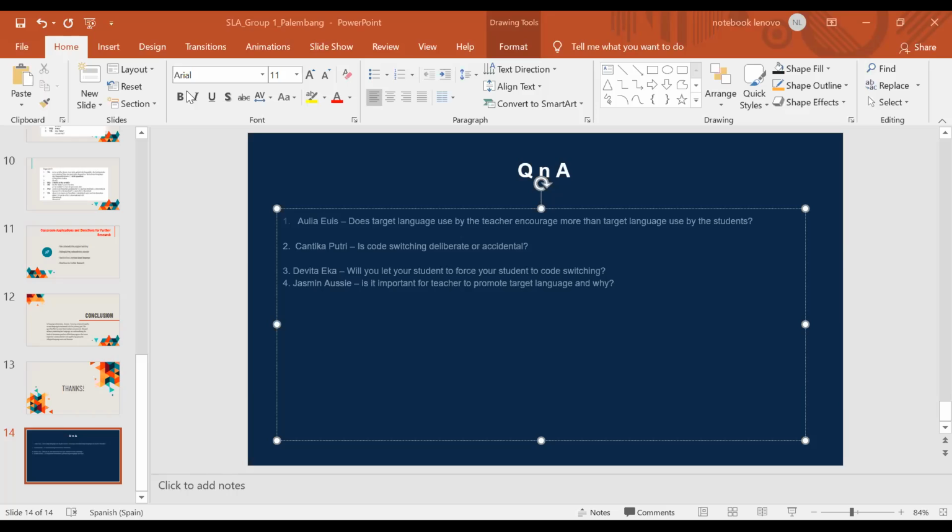Second, by promoting the target language in the classroom, students receive more comprehensible input, leading to more complex language structure. And the last, promoting the target language in the classroom can provide a source of modeling for the students, both in regards to the production of the language and the attitude toward the language.